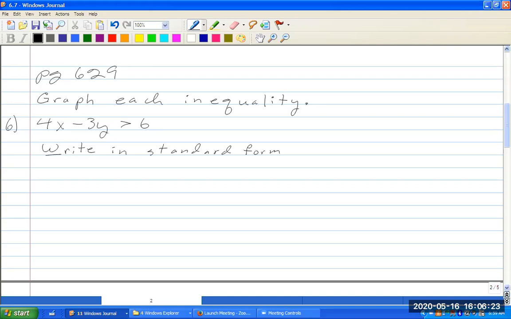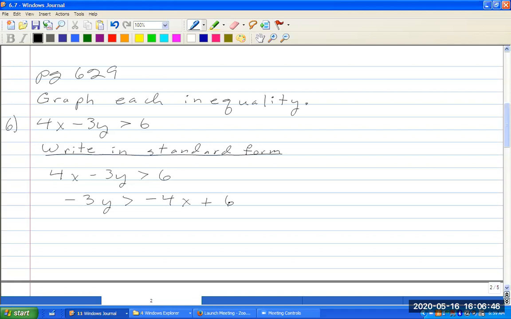So I want to solve this inequality for y, with y on the left-hand side. Subtract 4x from both sides of the inequality. So negative 3y is greater than negative 4x plus 6.